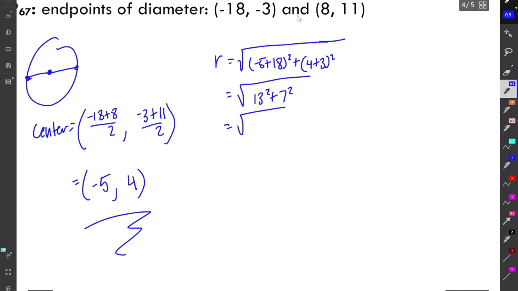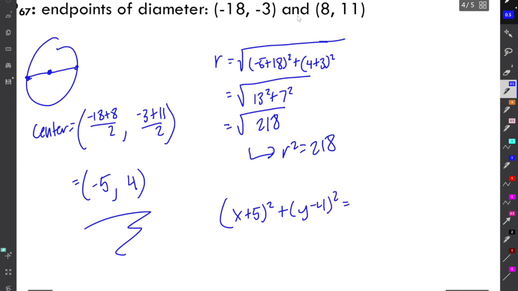That's 169 plus 49. And that gives me 218. So r squared. So with my center negative 5, 4, and my r squared 218, my equation is x plus 5 squared plus y minus 4 squared equals 218.